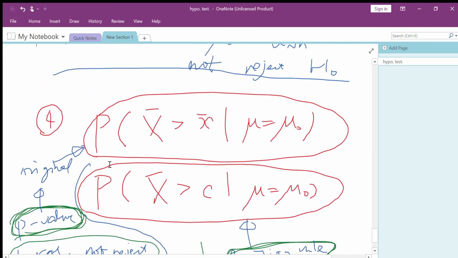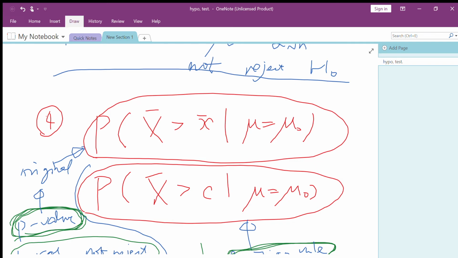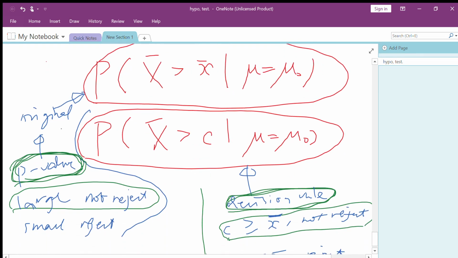And then to close this section, we compare the p-value approach and the decision rule approach.